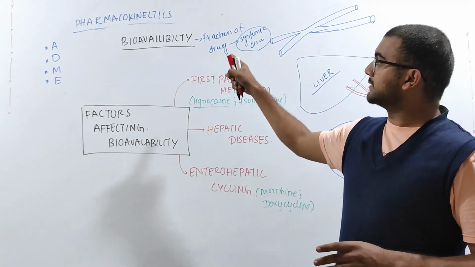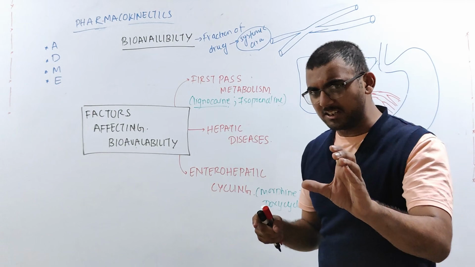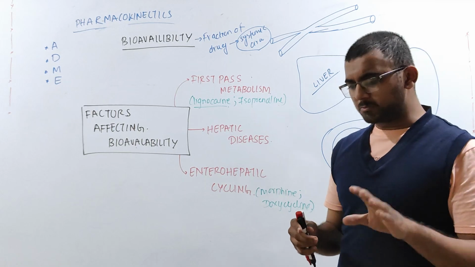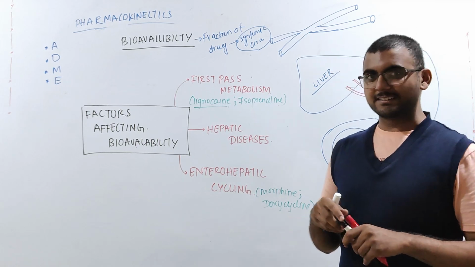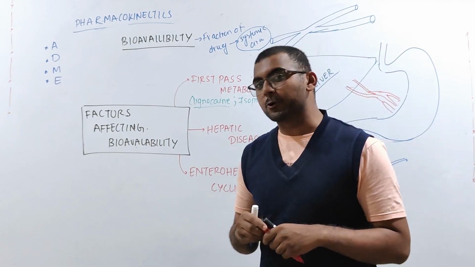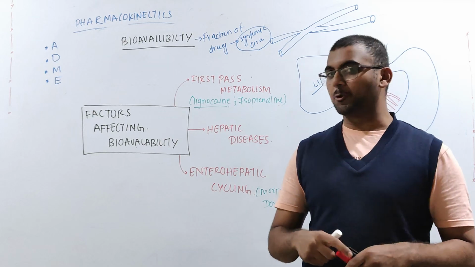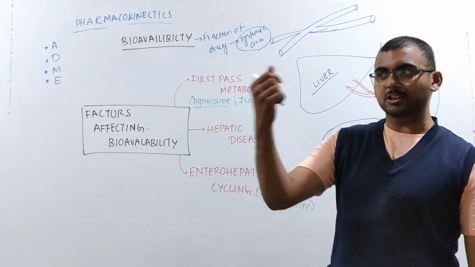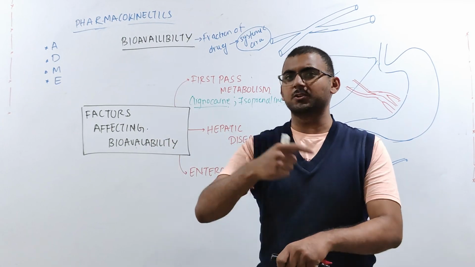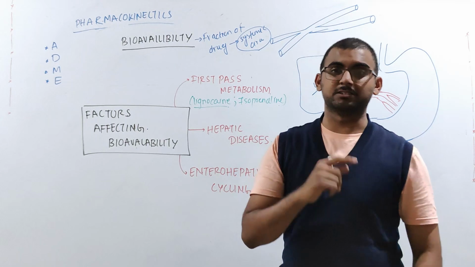So if you talk about intravenous or parenterals, what will be the bioavailability of those drugs? Obviously, it's going to be 100%, because whatever dose of drug you give, 100% of the dose goes inside the systemic circulation.